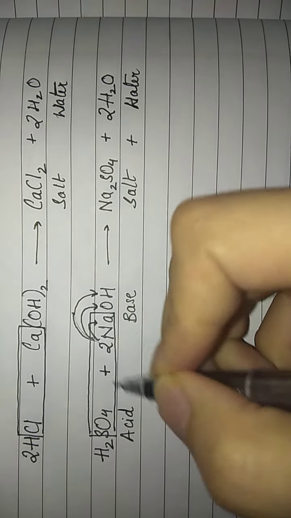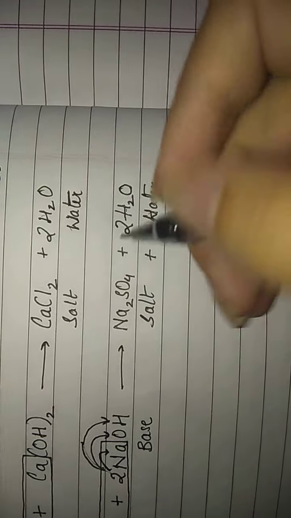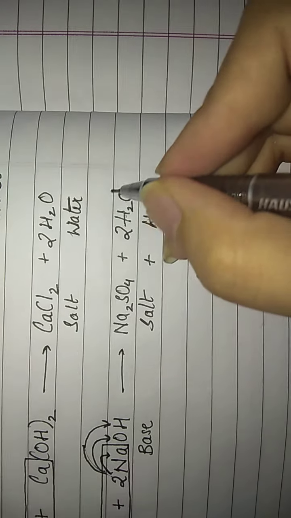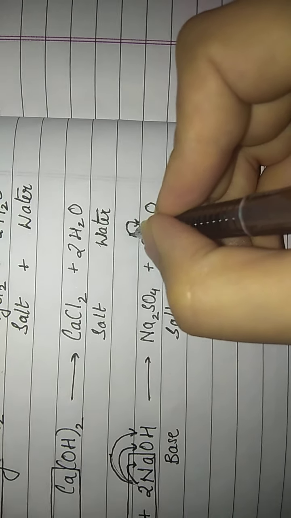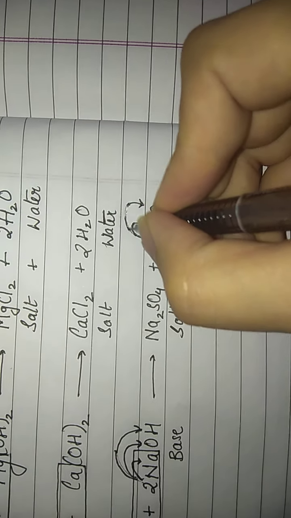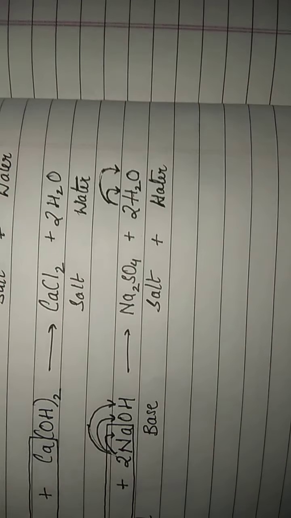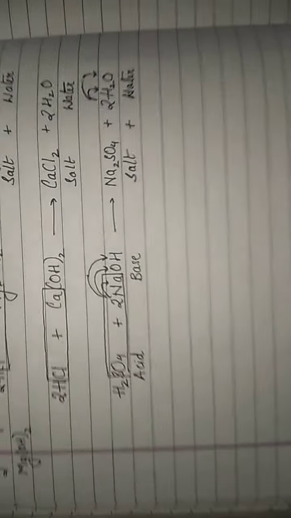So total number of oxygens on my left become 6. Let me check on the right hand side. I have 4 oxygen atoms here and 2 oxygen atoms here, because this 2 is multiplied with this as well as with this. So total number of oxygen atoms on my right is also equal to 6. So now my equation is balanced.